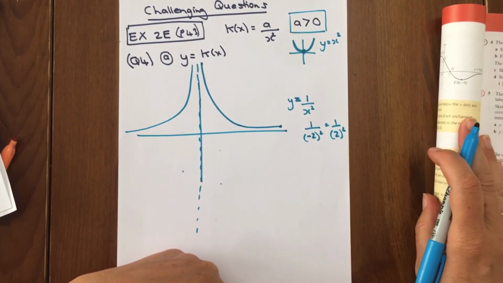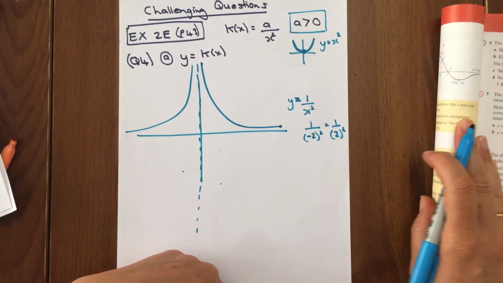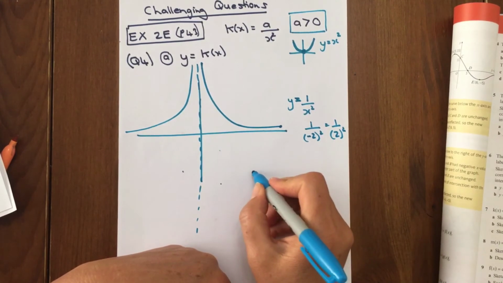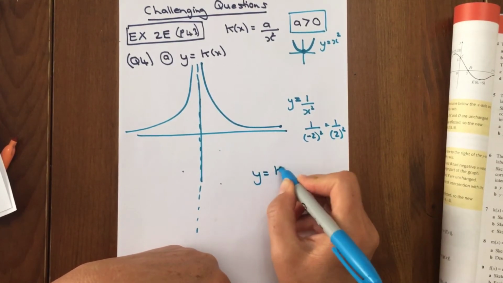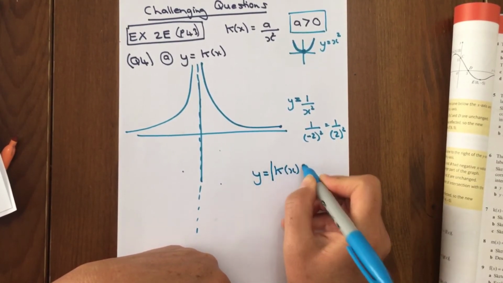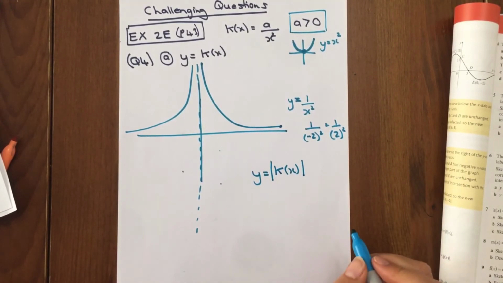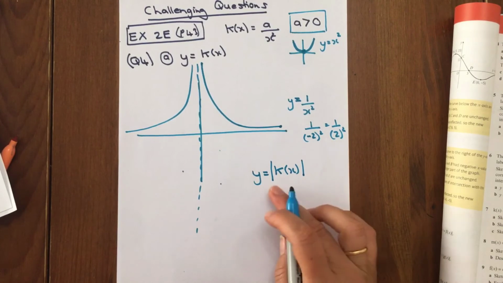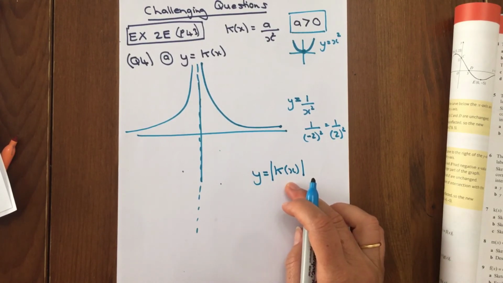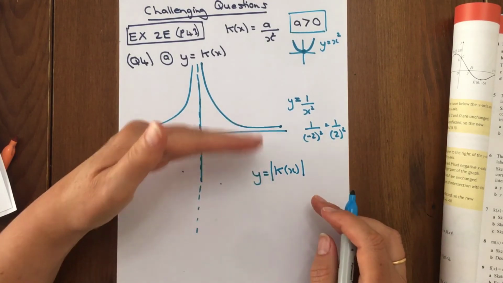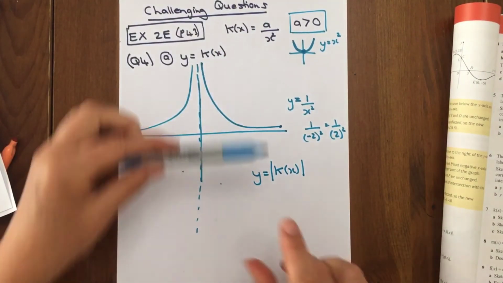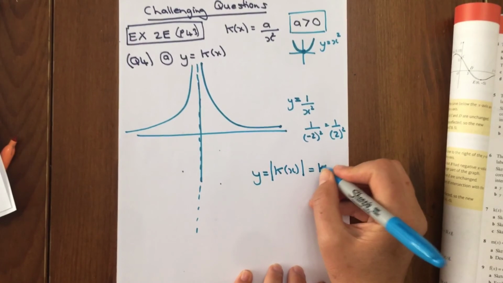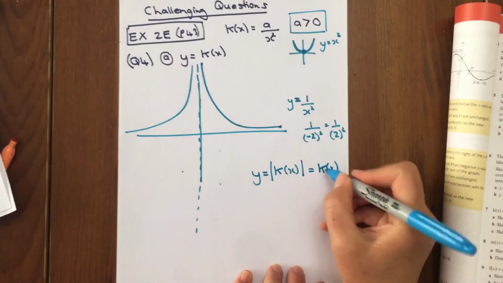Now it says, explain why it is not necessary to sketch the two modulus functions. Why is it? So let's think about what would happen. Let's look at this one. y equals the modulus of the whole thing means that everything that was negative becomes positive, but I've got no negative y values. So this is just the same as this sketch here.